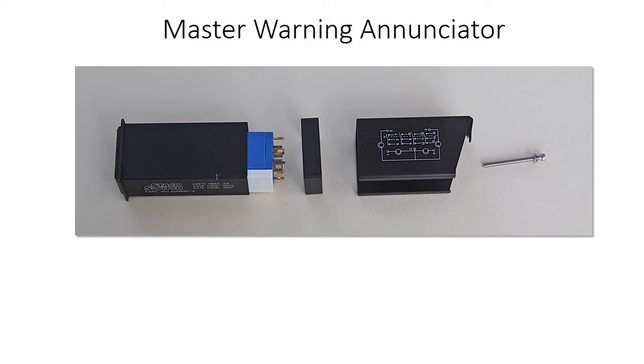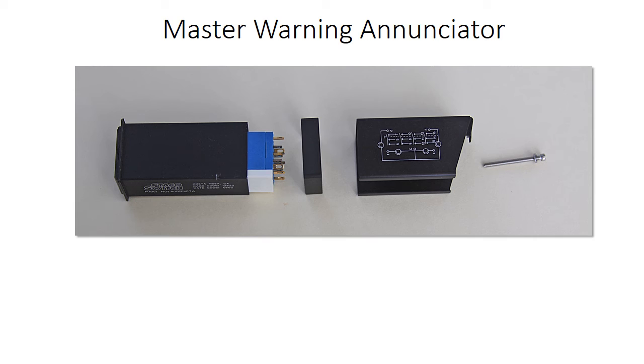Here's the individual components. The way these mount is through a rectangular hole in your instrument panel. You'll see that there's a lip over on the left right here. So the cutout has to be accurate enough so that it's hidden behind this lip, obviously. You then slide this in till the lip butts up against the front side of the panel. Then you slide this piece over this, flush up against the back side of the panel.